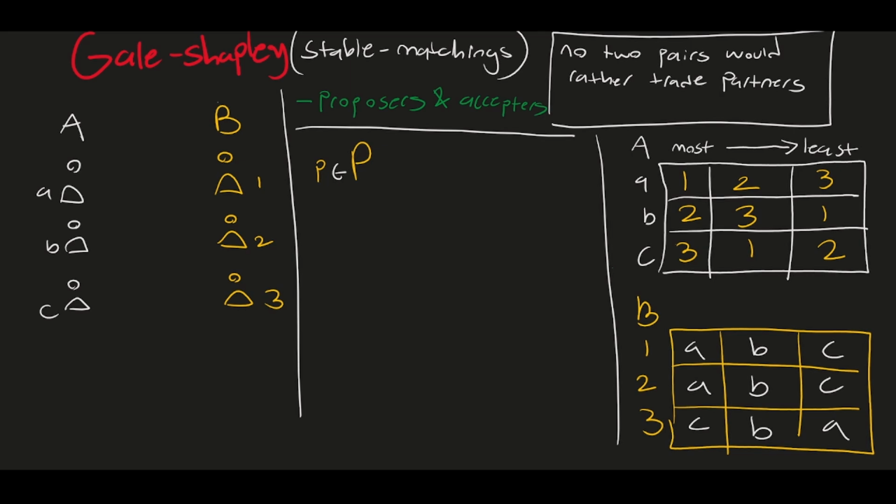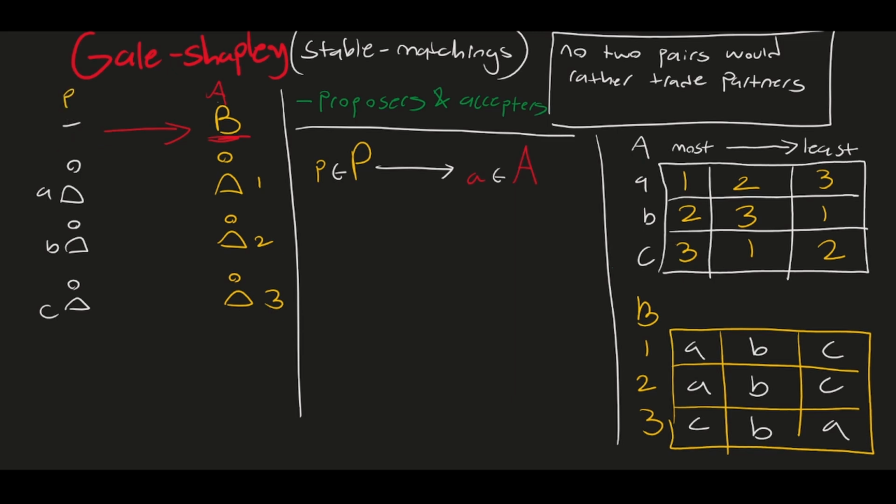The people who propose to some other party, the acceptors. Let's use A here, so for all A in A, P proposes to A.